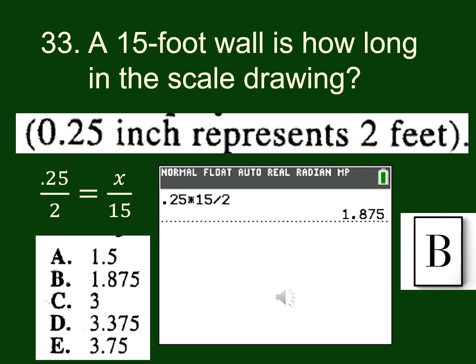So there was a question very similar to this earlier in the sample test. The key part of this is that 0.25 inches represents 2 feet. And I just did this with cross multiplying. 0.25 over 2 equals x over 15. If you cross multiply, you end up with 1.875, so the answer's got to be B.